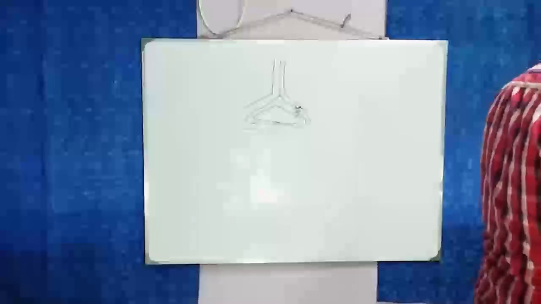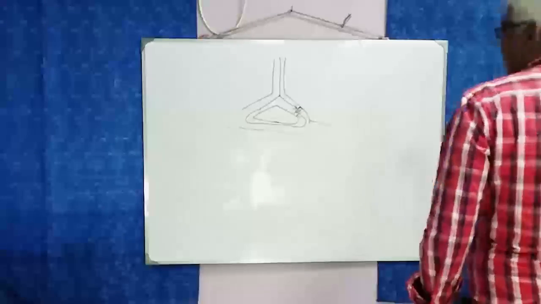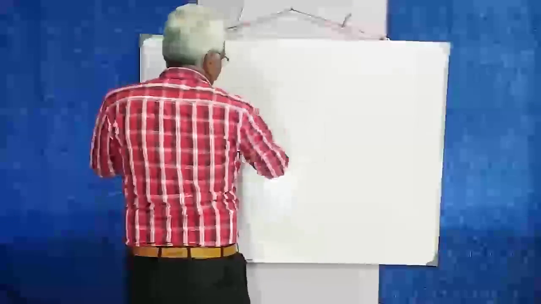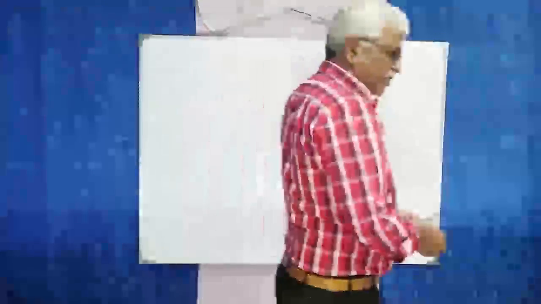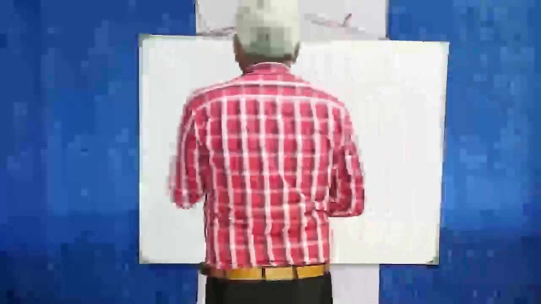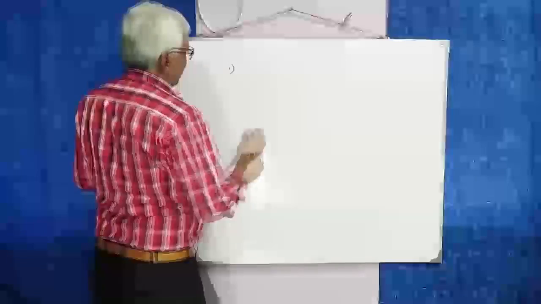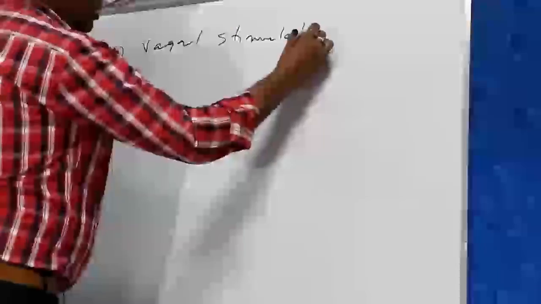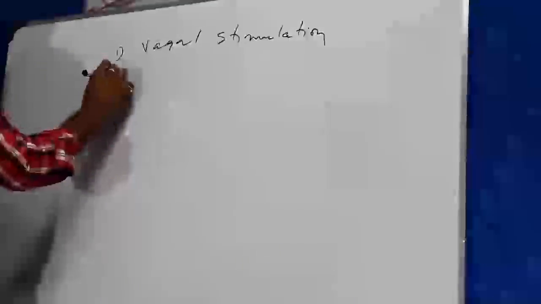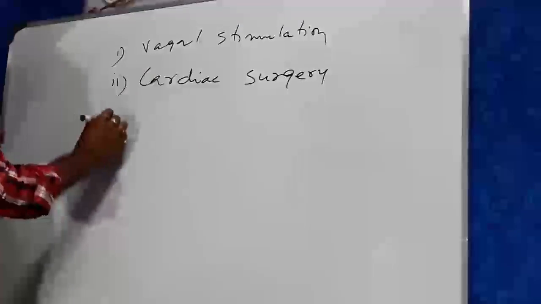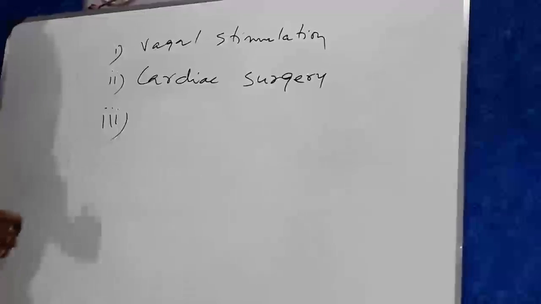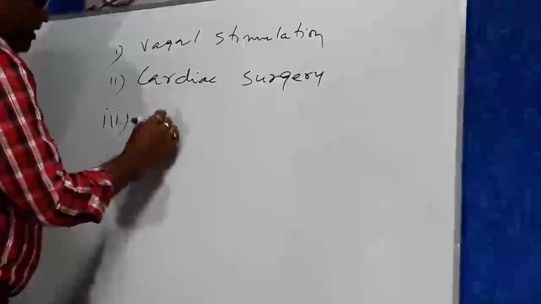Different drugs, I will not talk about the different drugs now, I will only say the different mechanisms I mentioned earlier by which cardiac arrhythmias can be tackled. Number one, vagal stimulation. Number two, cardiac surgery. Number three, pacemaker.